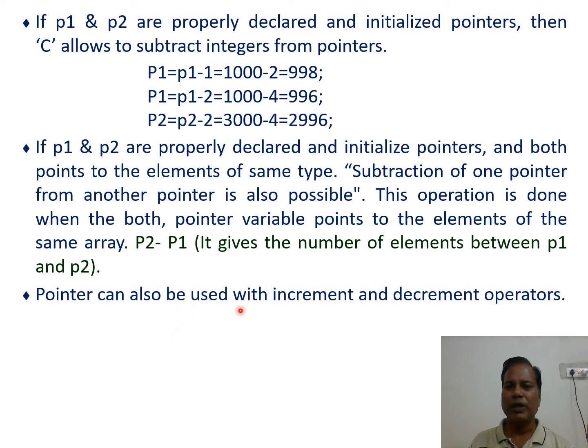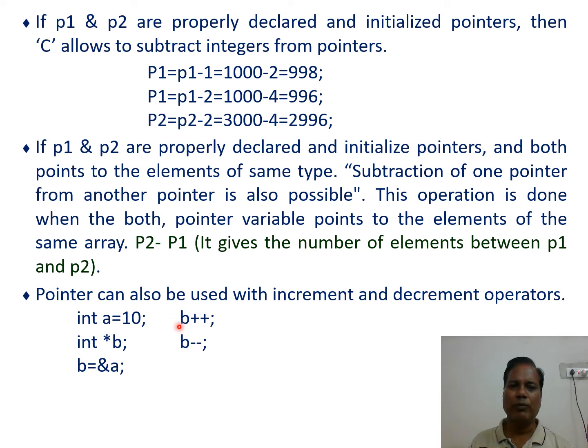Pointers can also be used with increment and decrement operators like this one. Int a equal to 10 semicolon, int asterisk b semicolon, b equals ampersand a semicolon, then b plus plus semicolon, b minus minus semicolon.